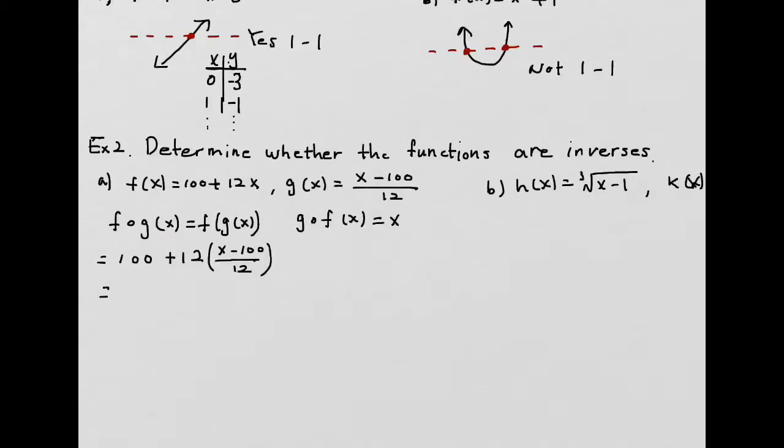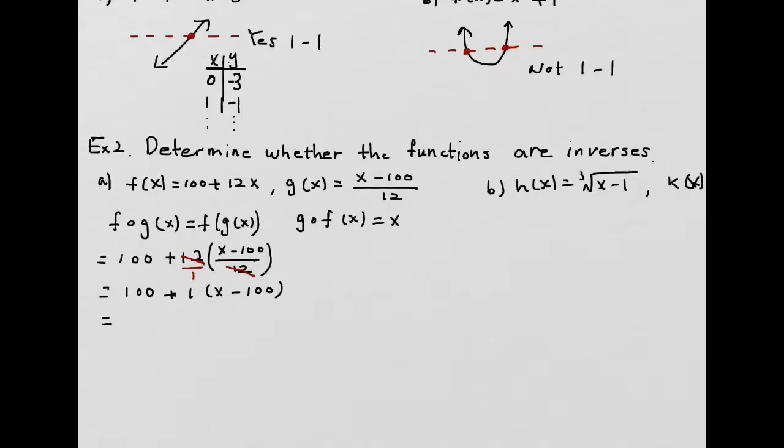So we will get rid of the common factor, because this is the same as 12 over 1, right? Common between numerator and denominator. Then you will end up getting 100 plus 1 times x minus 100.